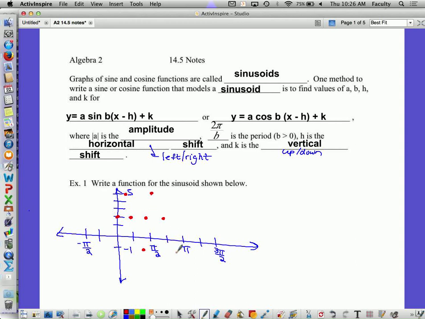So every time I'm going halfway, continue it a little bit more. Okay, so here is the graph.